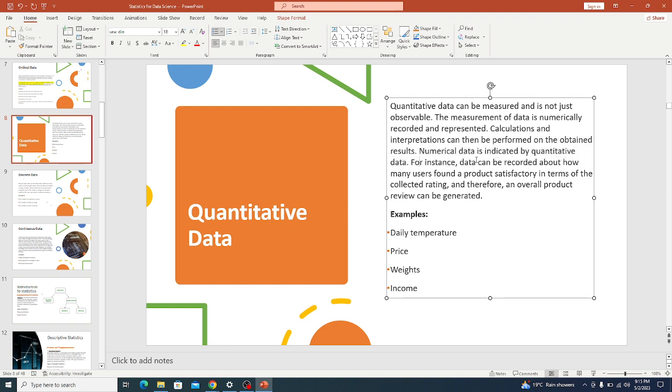For instance, data can be recorded about how many users found a product satisfactory in terms of collecting ratings online.